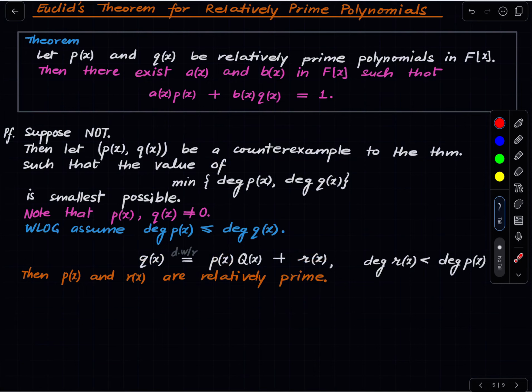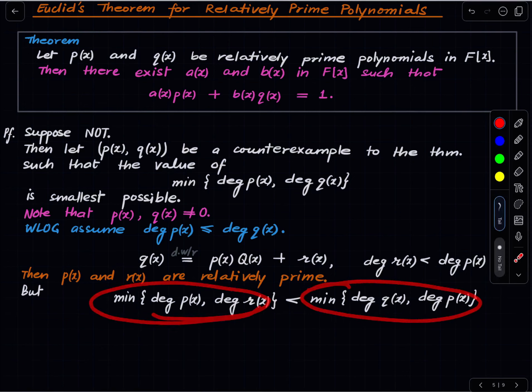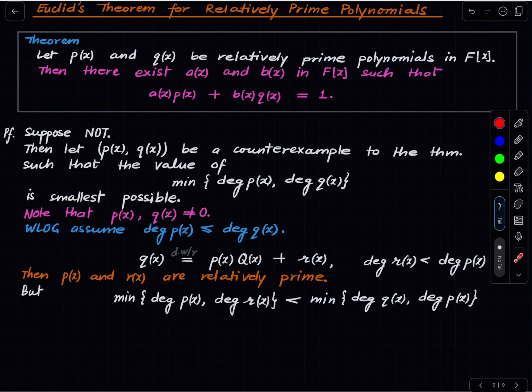Okay, but the size of the p(x), R(x) pair is strictly smaller than the size of the q(x), p(x) pair. Or the p(x), q(x) pair, it's the same thing. So this is strictly smaller than that, very easy to see. And therefore, the pair p(x), R(x) cannot be a counterexample to the proposition.